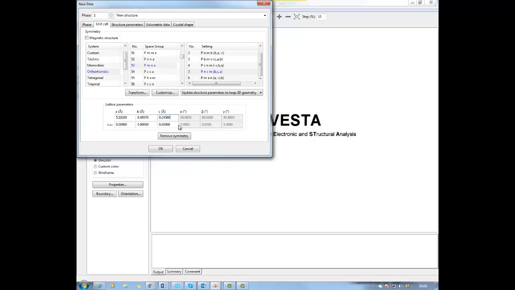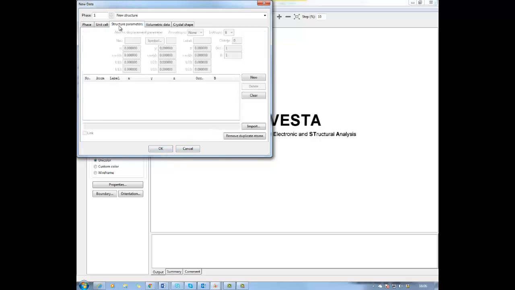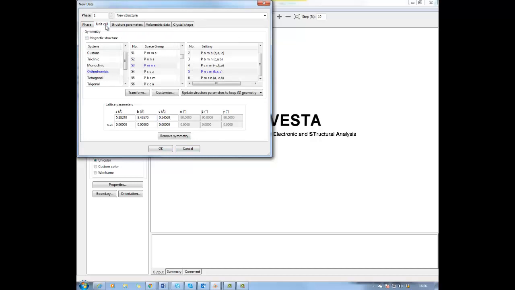The others are greyed out because it's orthorhombic, and therefore everything else is 90. Okay, then we go on to the structure parameters. Let's check that's still there. No, something's wrong here with the C. 6.1440. It's the end of a Friday.